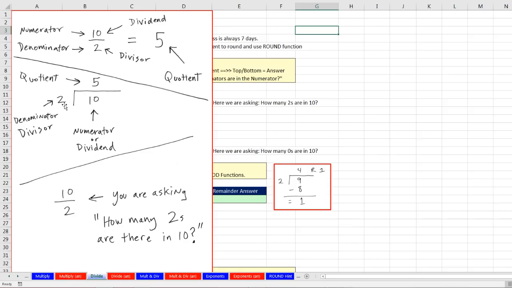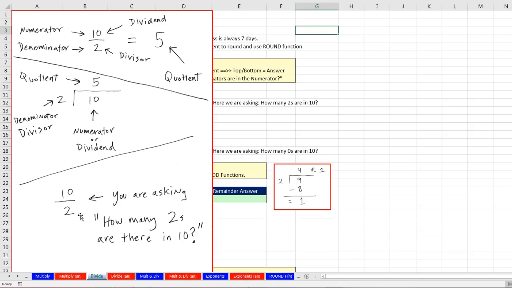The top part is the numerator, sometimes called the dividend. I'm going to call it numerator. The bottom part is called the denominator, sometimes called the divisor. I'm going to call it denominator. The result of division is called a quotient.